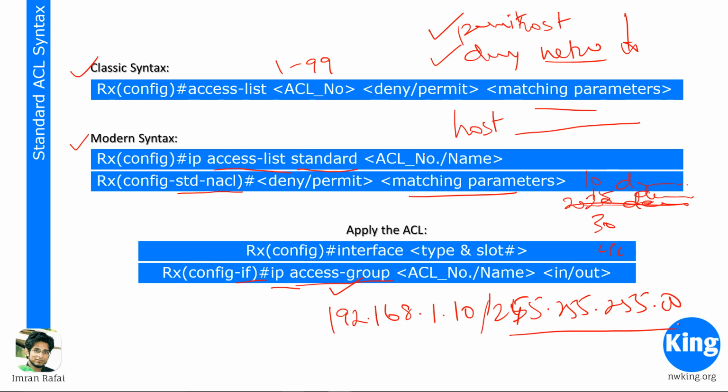But you can't put a subnet mask in an access list. There is a new concept called wildcard mask. So in your matching parameters, you need to put the network ID, 192.168.1.0/24, and the wildcard mask.